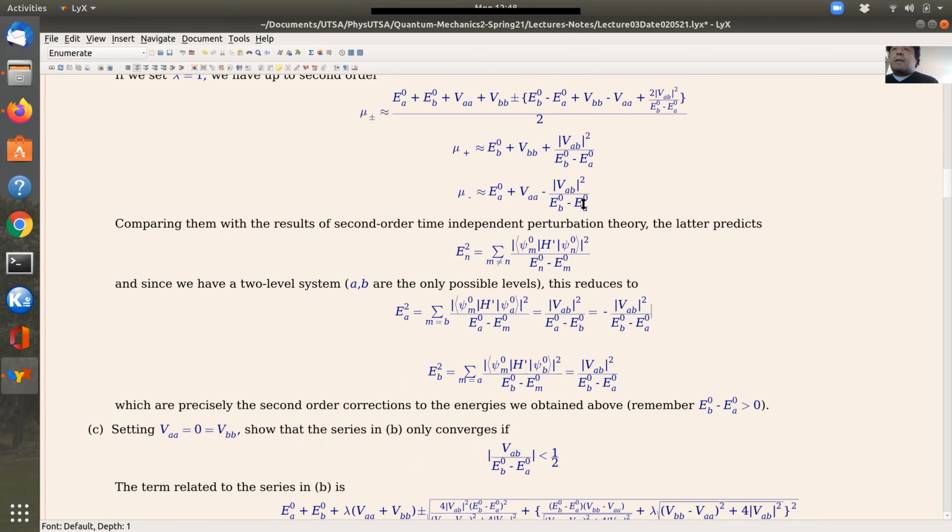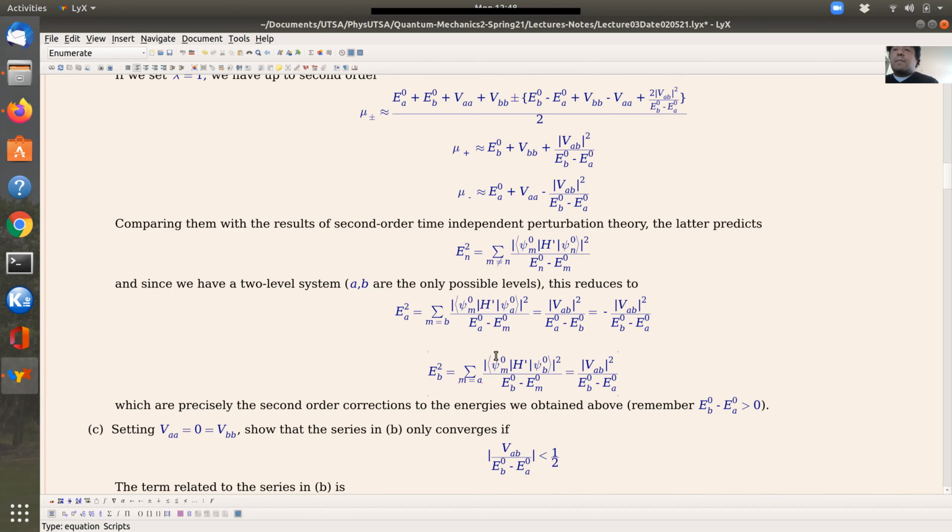And if I do the same for E to B, the sum of all states not equal to B, which means that m is equal to A, of this matrix element, which is off diagonal for the perturbation squared. So that's why I have norm squared of BAB over here. And here I would have E0B minus E0A because m is equal to A. So I have the things in the fashion that I want.